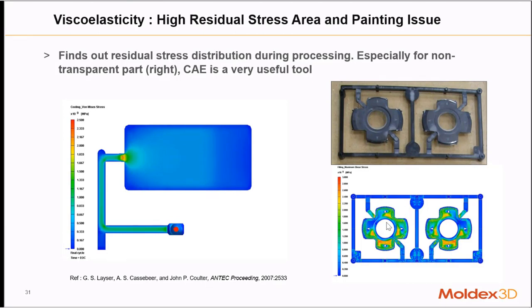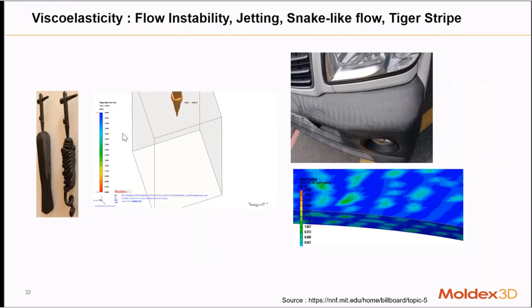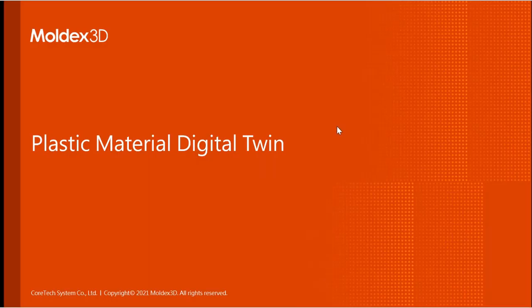So by this kind of simulation combined with the viscoelasticity measurement, we also can make this kind of prediction. And of course, viscoelasticity also relates to flow instabilities and some jetting or snake-like flow, tiger stripe. This kind of phenomena is also highly related to the viscoelasticity of the material.